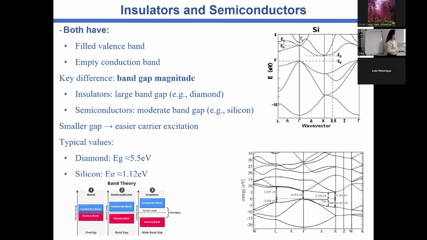In silicon, for example, which is a semiconductor, it is 1.12 electron volts. So semiconductor means that this energy is one we can reach with visible light. If the transition can be driven by visible light, the materials are semiconductors.